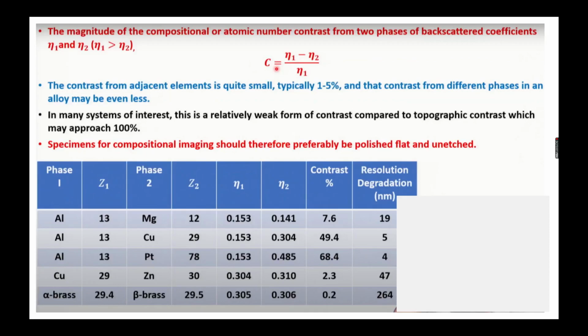Okay, compositional imaging means you will get an idea of the composition of your sample, and that will come in the form of an image, showing where some particular element is. If you have done EDS elemental mapping, then you will probably be able to understand this, or you can just simply search in Google.